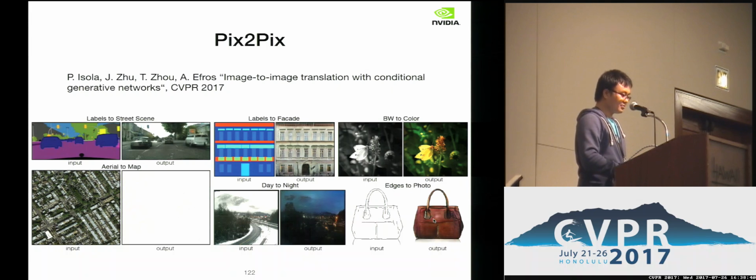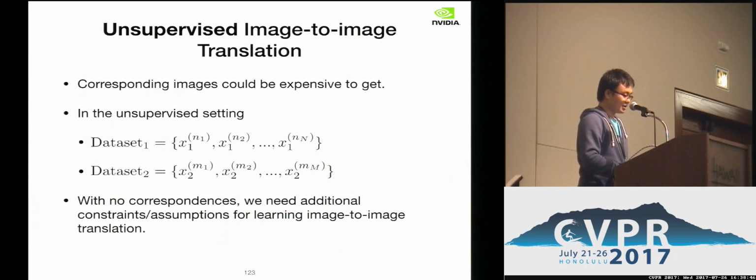Quite amazing. And they don't need a lot of images for some examples. As I said earlier, paired data can be difficult to collect, so it motivates the research on unsupervised image-to-image translation.